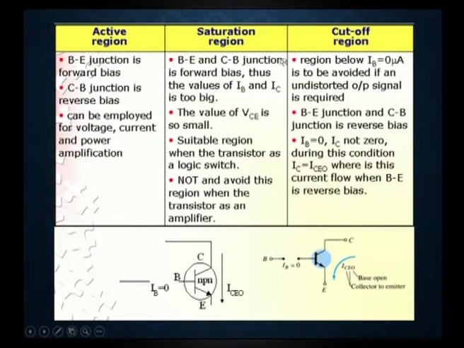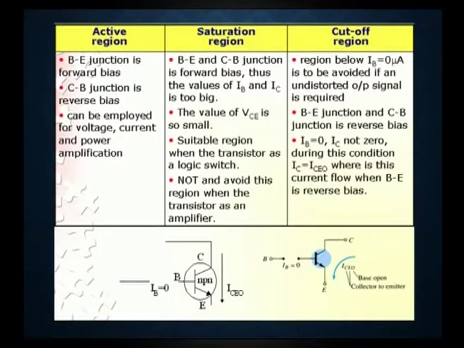In the saturation region, the base to emitter and collector to base junctions are both forward biased. Thus, the values of IB and IC will be too big, and the value of VCE, the collector to emitter voltage, is very small. This is a suitable region when using the transistor as a logic switch.